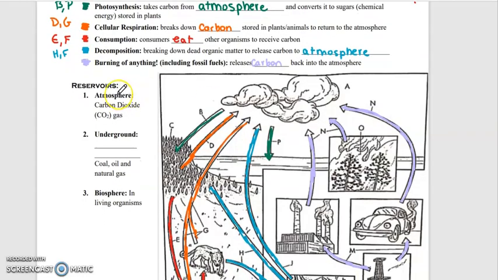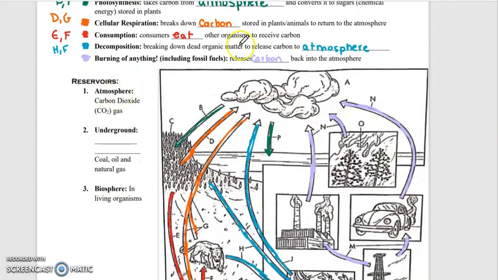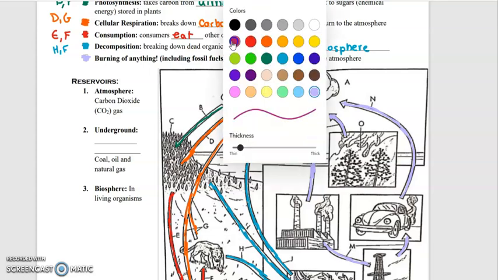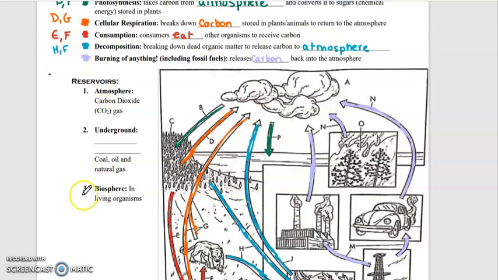Okay, so let's talk about our reservoirs and we will begin. So where do we find carbon, right? That's all a reservoir means. And we kind of have 3 places, not a really overall winner this time. So we can find a lot of carbon in the atmosphere, usually in the form of carbon dioxide gas, but there's the C for carbon. We can find carbon underground through fossil fuels.